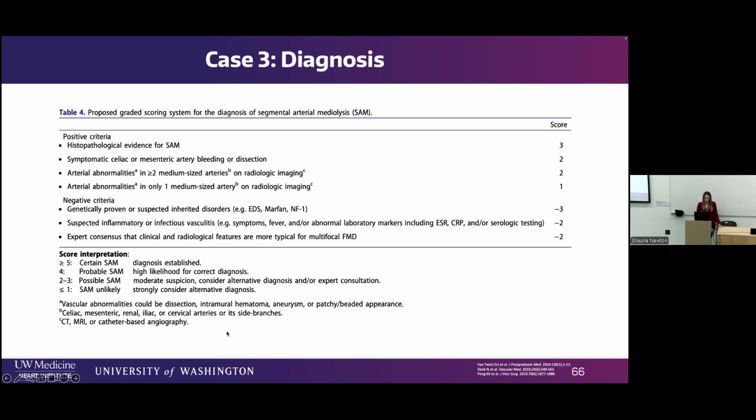And then after you develop symptomatic celiac or mesenteric artery bleeding or dissection, like we had in our patient, that increases your risk to probable SAM. This is what we would give my clinic patient that I saw about a month ago. And then really the most, there's this histopathological evidence for SAM that is rarely acquired unless it's on autopsy, just because biopsying some of the mesenteric vessels is usually not pursued.